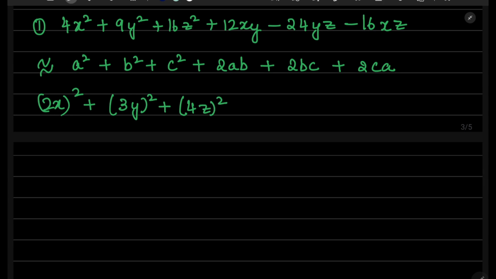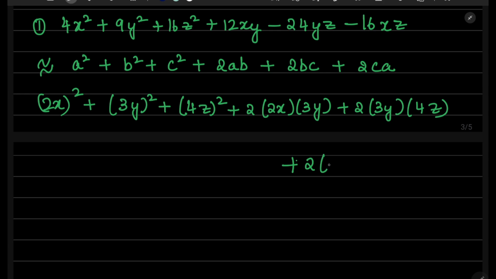After that, stop looking there. Just write it. Okay, you have written a square, b square, c square. Just look at it and rewrite it. Okay, it's nothing but plus 2 into 2x into 3y plus 2 into 3y into 4z. Okay, and then plus 2 multiplied by 4z into 2x.